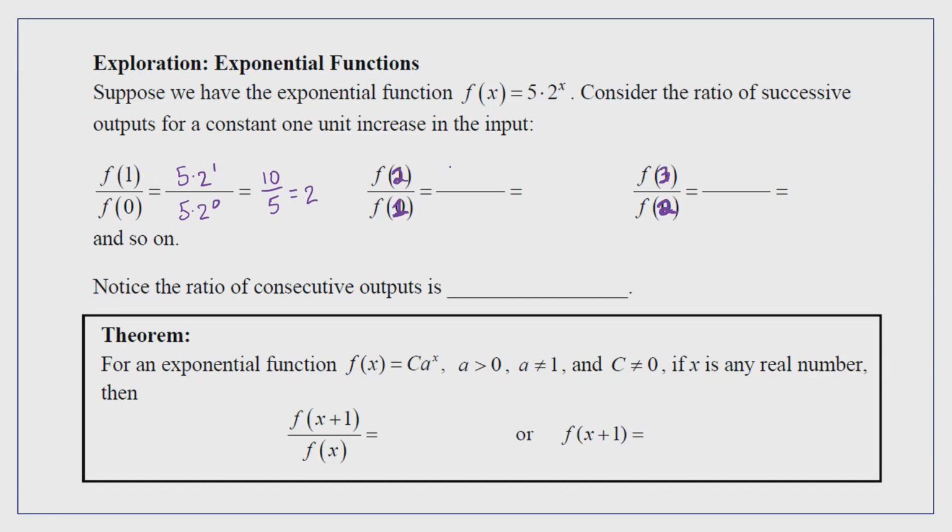Okay, f of 2 would be 5 times 2 to the power 2, and then 5 times 2 to the power 1. So in this case, we would get 20 over 10, which equals 2.